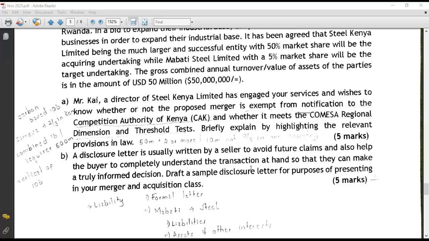The combined annual turnover or value of assets, whichever is higher, of the parties to a merger equals or exceeds 50 million, and the annual turnover or value of assets of at least two of the parties to a merger equals or exceeds 10 million. So that was the answer. Yes, so it needs to be notified.